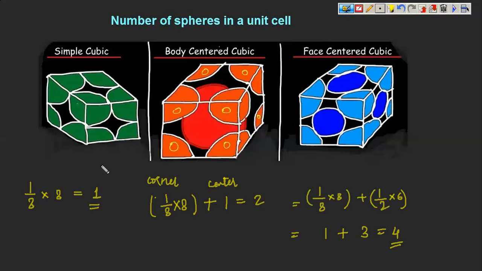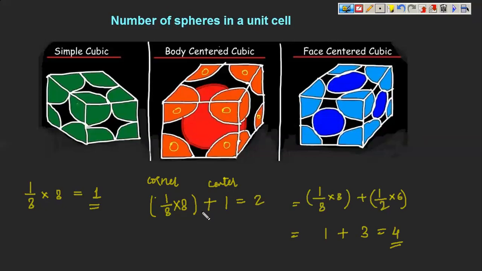These particles may be atoms, molecules, or ions, depending upon the type of crystalline solid. If it is an ionic solid, then they are ions. If it is a molecular solid, then it is a molecule.